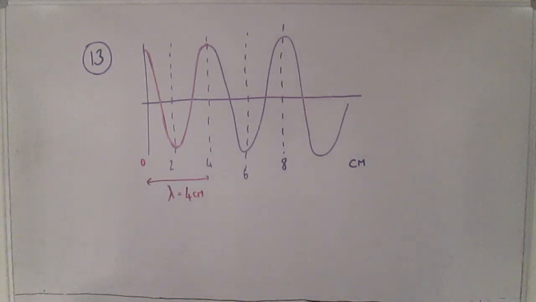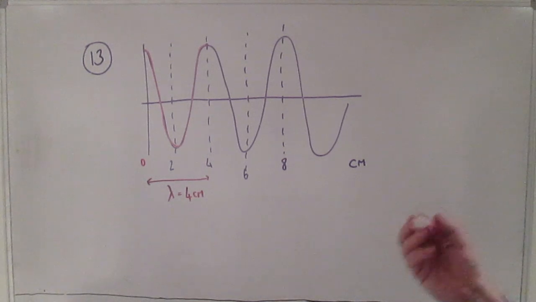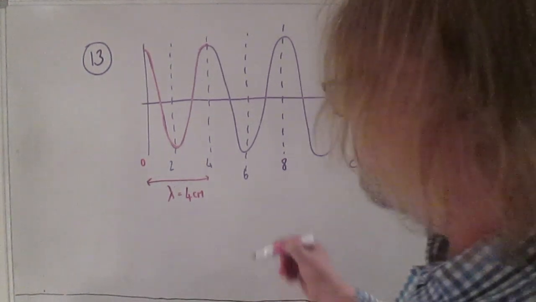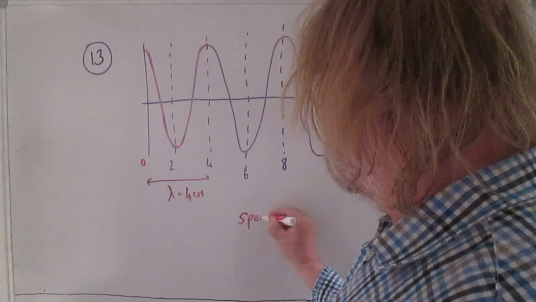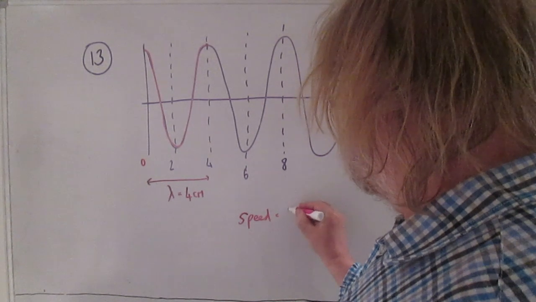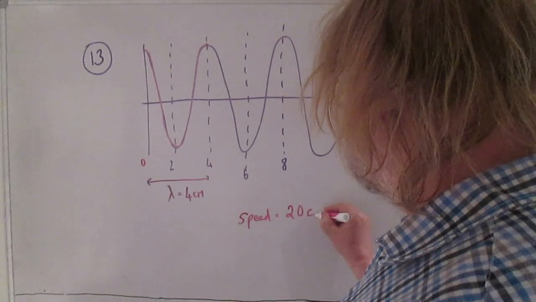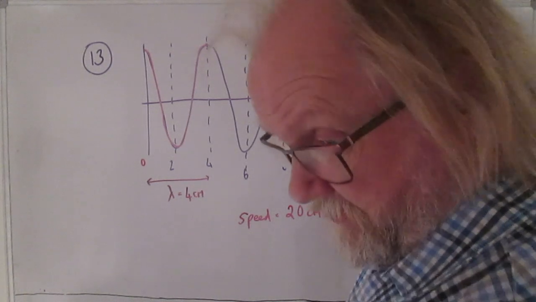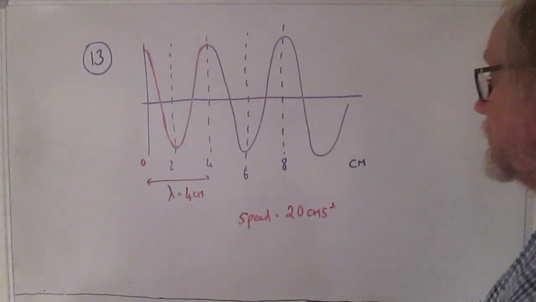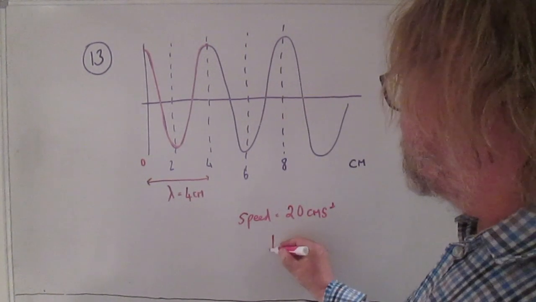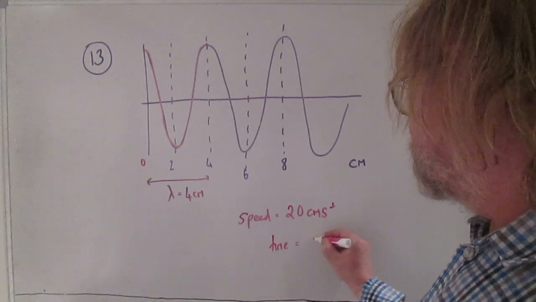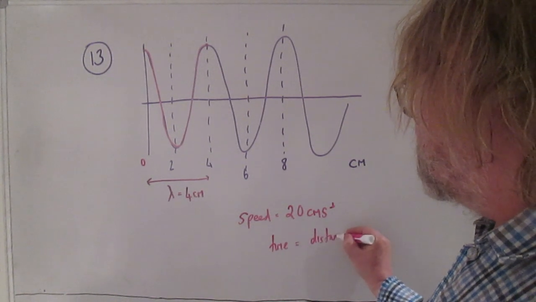So we can work out that, or rather it tells us that the speed is 20 centimeters per second, and obviously time taken is just distance over speed.